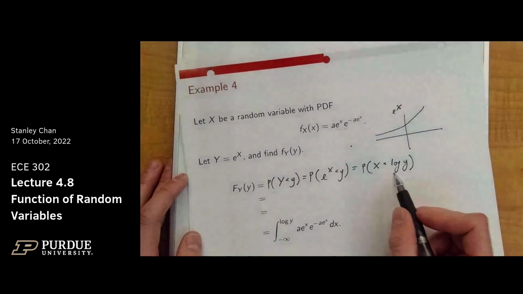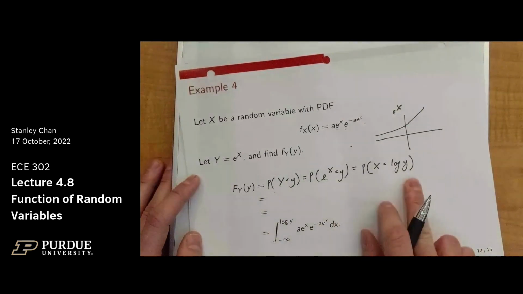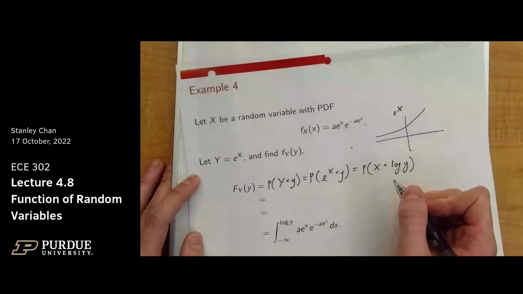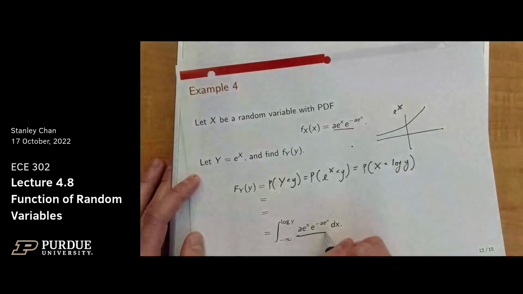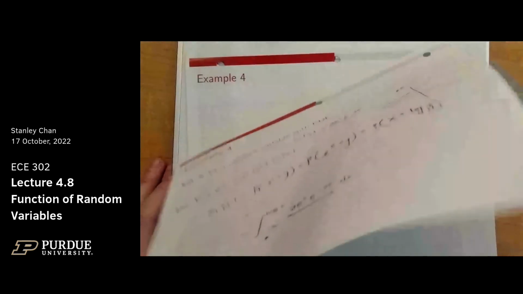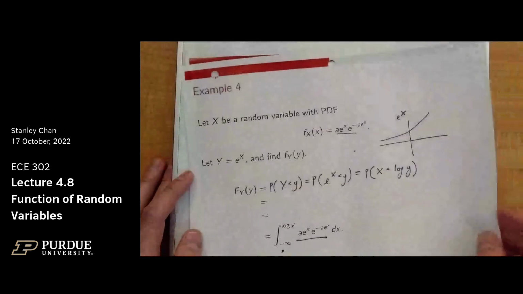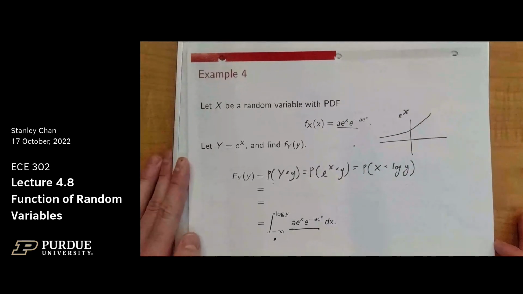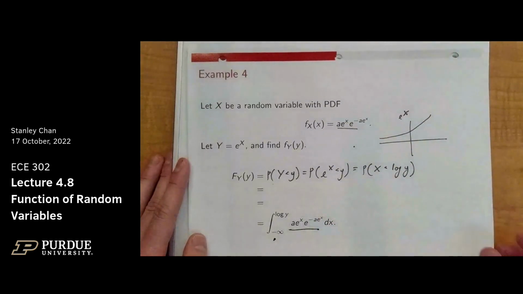And so I guess we could have done this on separate lines, but then you know that this is just the CDF of x. You can plug in this down here, and then this integral is the definition of the PDF of x. So in this example, we're not going to simplify it yet, we'll simplify it on the next page. But it obviously looks kind of gross. Does this set up fine?